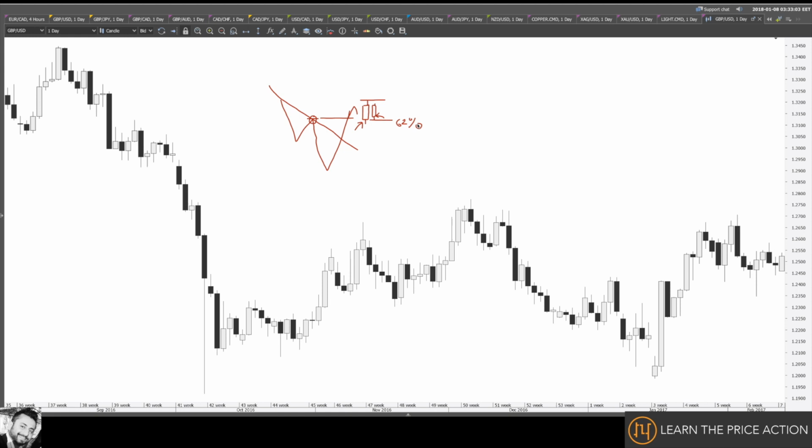So that's a simple setup, and that will give you what's called 1R, one times the risk.